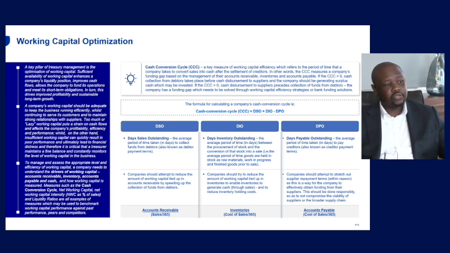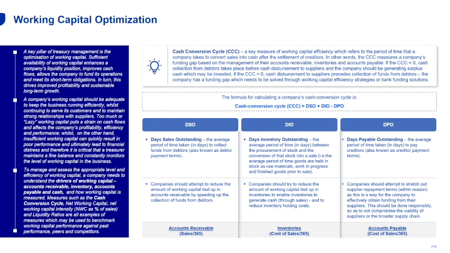In trying to unpack some of these strategies and initiatives, it's important to break it down into the actual components of a client's cash conversion cycle. That is your DSO, days sales outstanding, your DIO, days inventory outstanding, and your DPO, days payables outstanding.